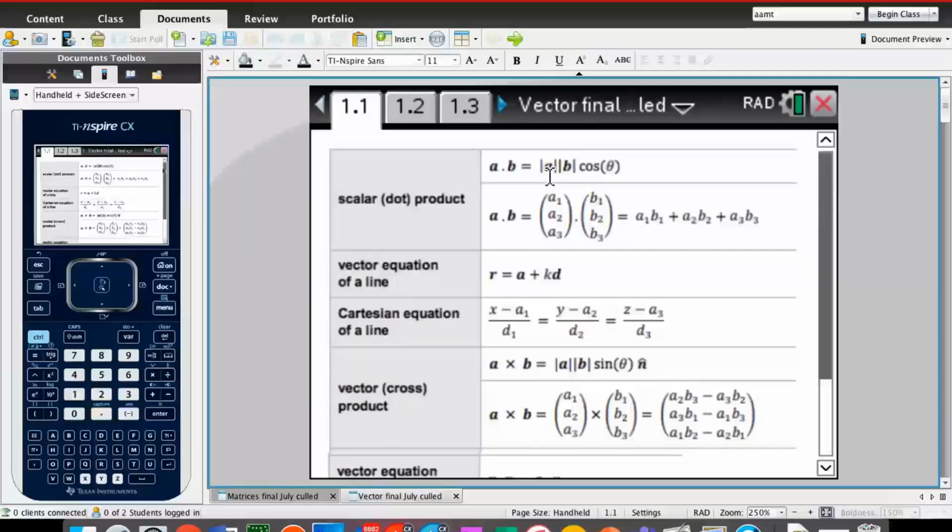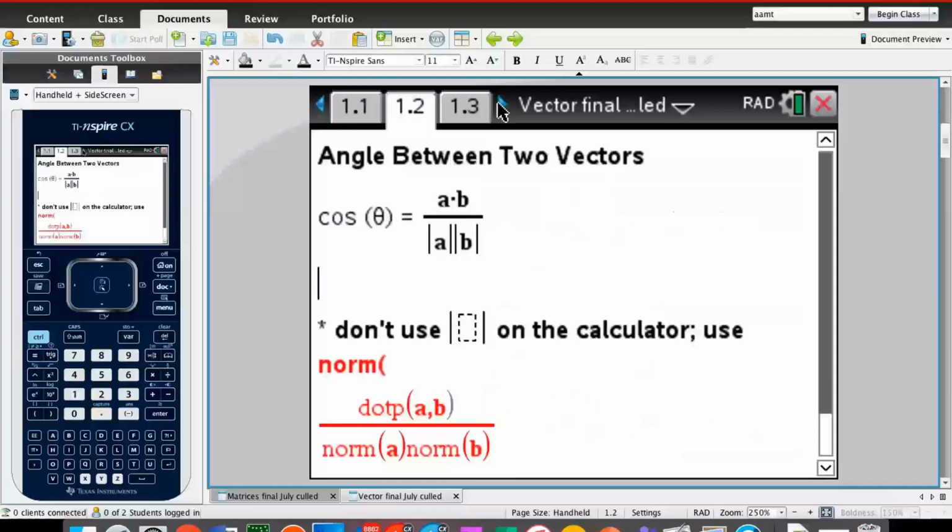Just remember the absolute value of A by absolute value of B. You need to enter that as a matrix. I'll show you that in a second, or you can use the command norm. Okay, so just as an aside, if we rearrange the formula there, I've got as a note, don't use the absolute value.